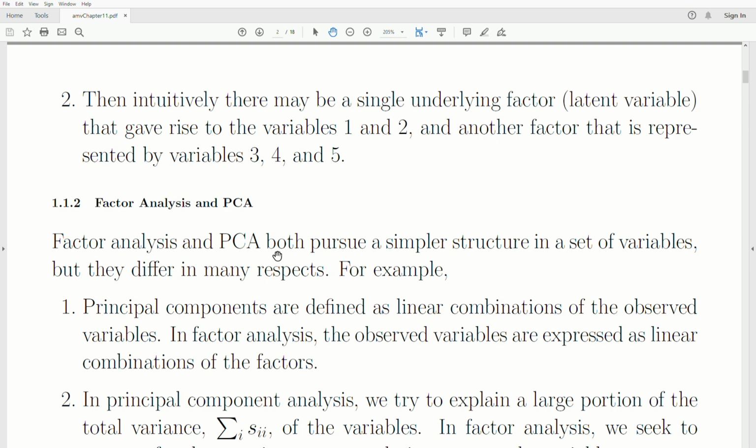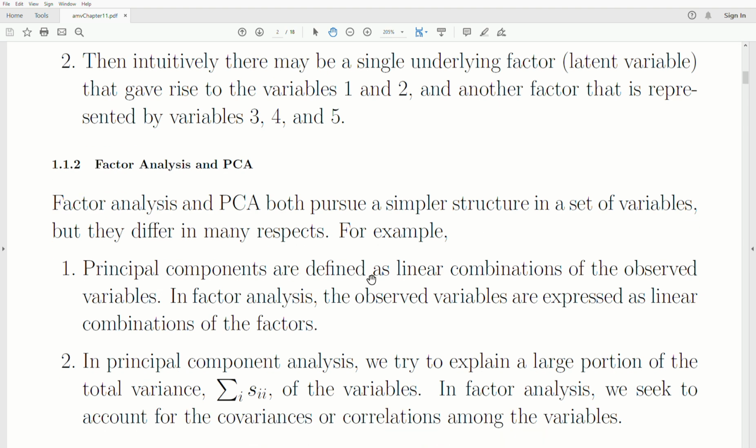So factor analysis and principal components analysis both pursue a simple structure in a set of variables, but they differ in many respects. The principal components are defined as linear combinations of the observed variables, and each linear combination in principal components analysis is to represent the maximum variance in that direction, whereas in factor analysis, the observed variable is expressed as combinations of factors, these latent variables.